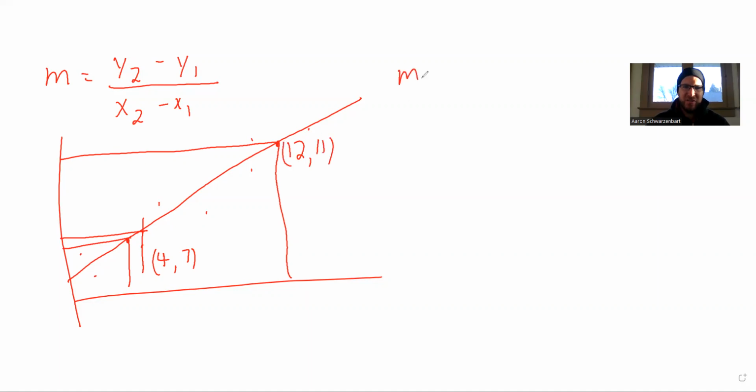To find our slope, we did y2 minus y1. So I'm taking the y coordinate here, this 11, and putting it as y2. And the y coordinate down here, the 7, putting it as y1. You can switch the order, that's okay, as long as x2 comes from the same coordinate as the 11. So that means it's got to be the 12.